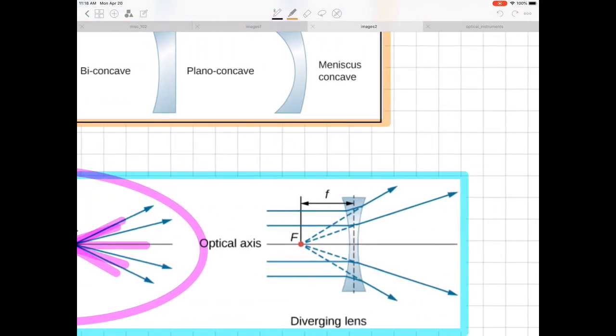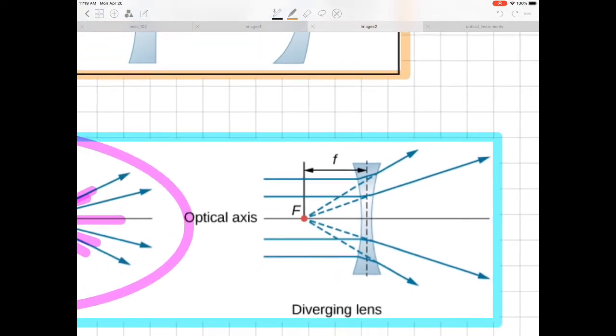Now, what about a diverging lens? Same idea, but now instead of rays that are parallel to the optical axis bending towards the optical axis and converging at the focal point, now our parallel rays, so here's a set of parallel rays to the optical axis, instead of bending towards the optical axis, are going to bend away from the optical axis.